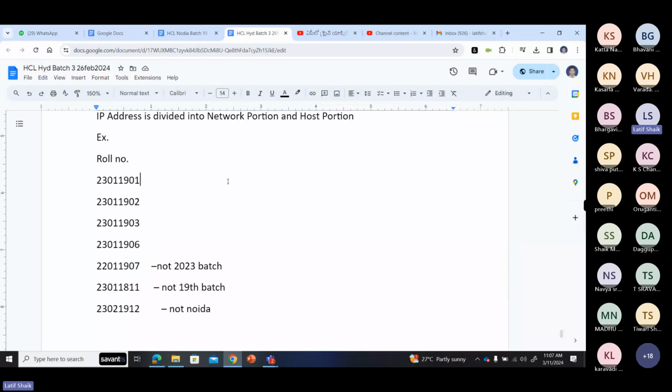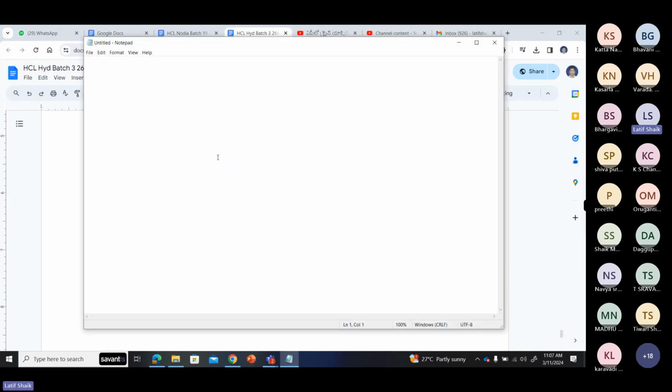Always understand the core concept, guys. So I have given roll numbers for batch 3. Each person gets a unique number, but the common number is 0, 3.